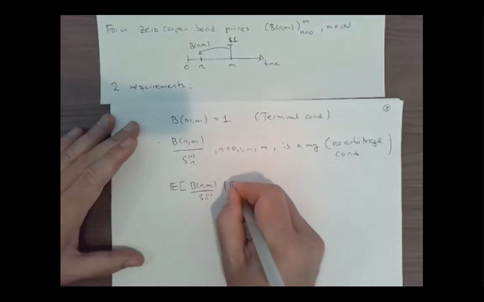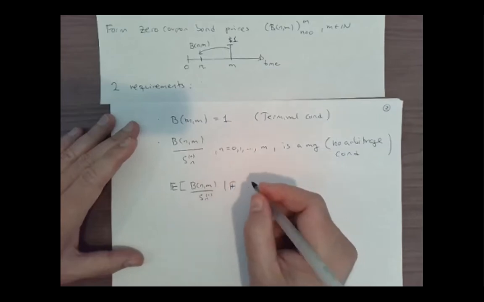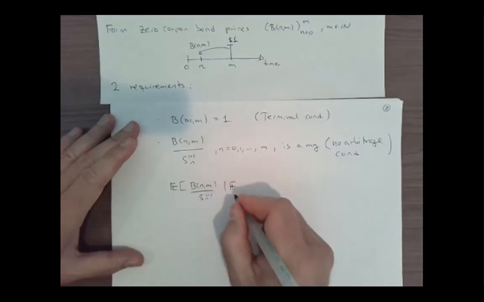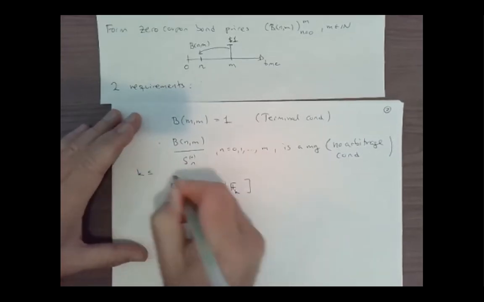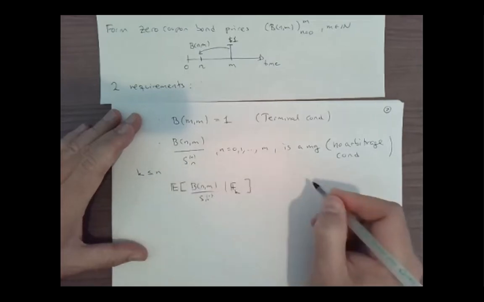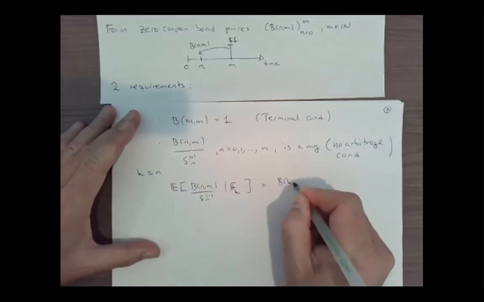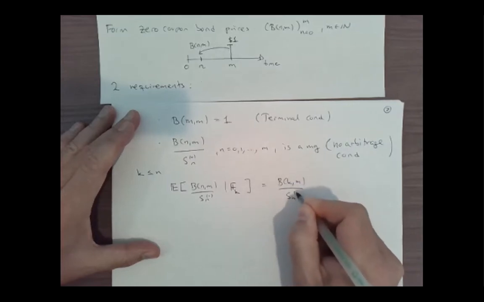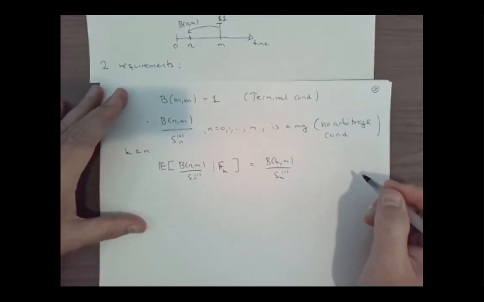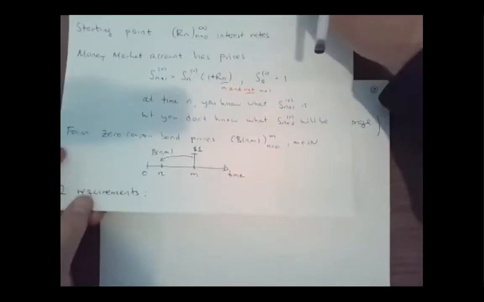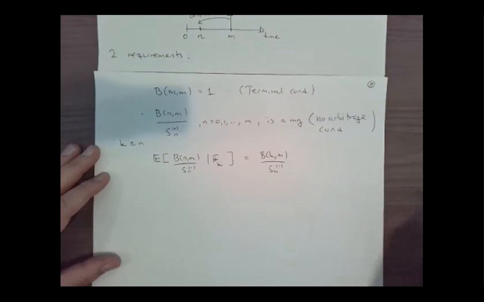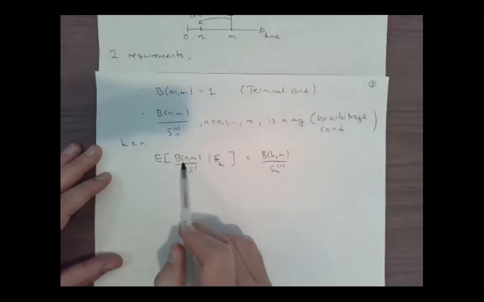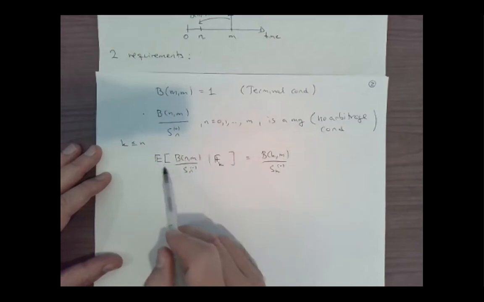The condition here: I need something that's smaller than n, so if I take k less than n, I'll get B(k,m) over S_k(0). And what I can do is, if I move n to be m, I know what the terminal one is.